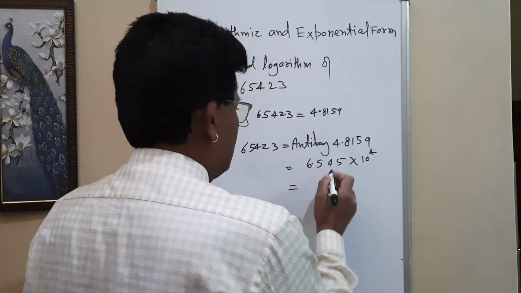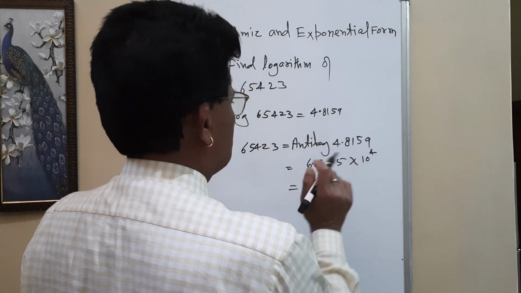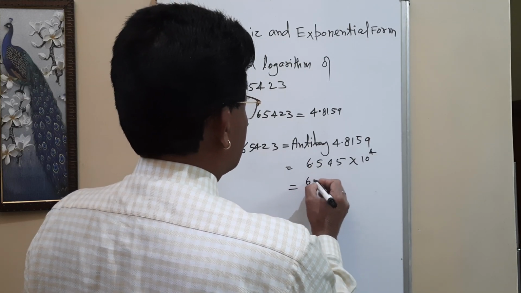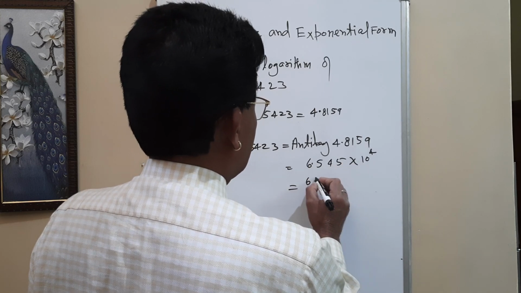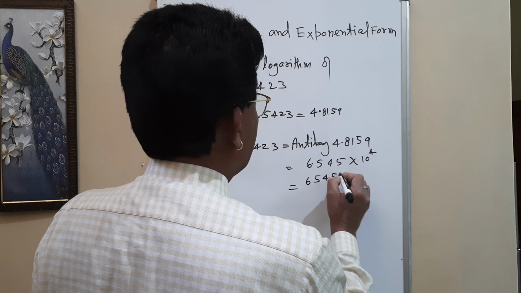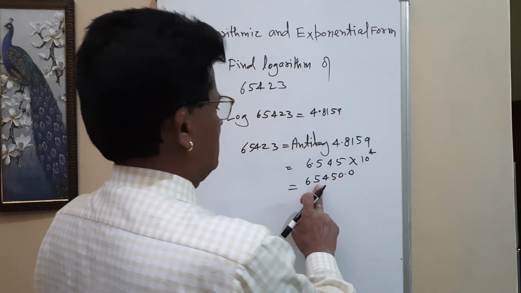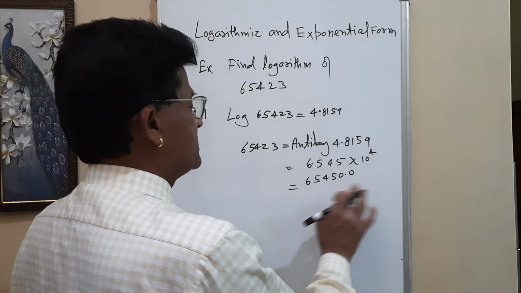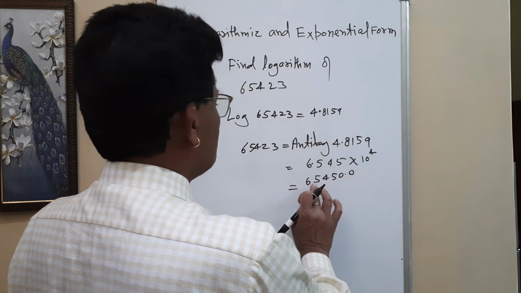If you want to multiply it, the decimal will move 4 steps to the right side. 6.545 becomes 65450. 4 steps I have moved the decimal to the right side.